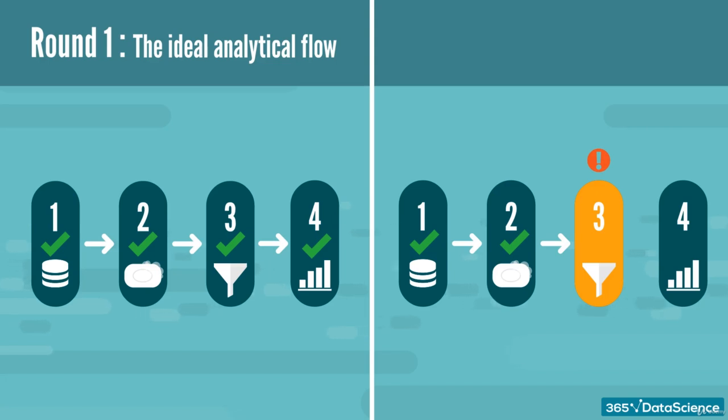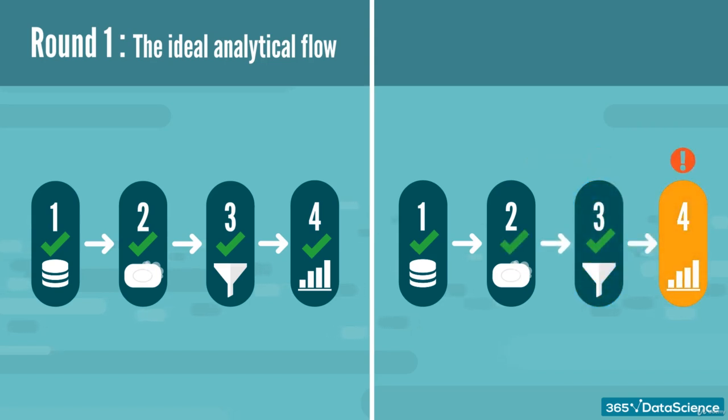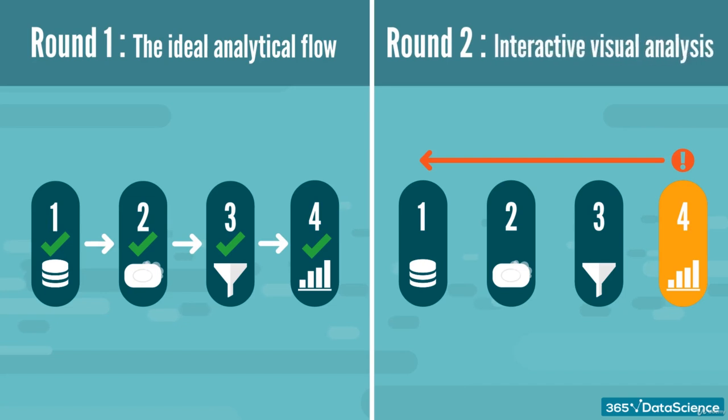In that case, you need to go back, fix that, and then apply the statistical techniques again. This approach is particularly obvious when you are analyzing your visualizations and might need to go back and correct or improve your work in any of the previous stages. That's why this process is called interactive visual analysis, and we can think of it as the second round of walking through all links from the analytical chain.